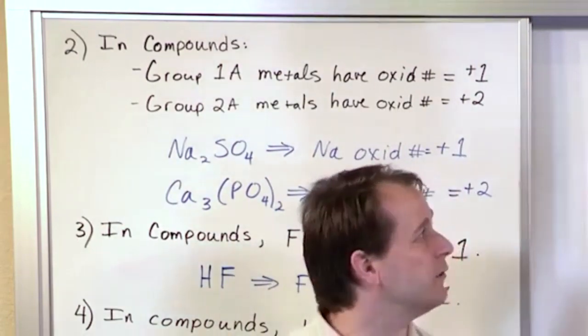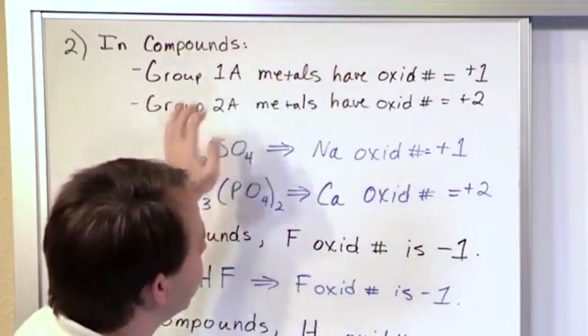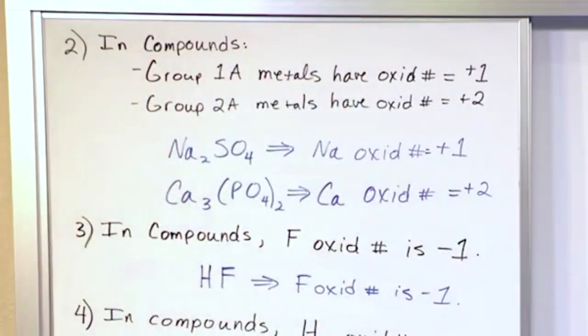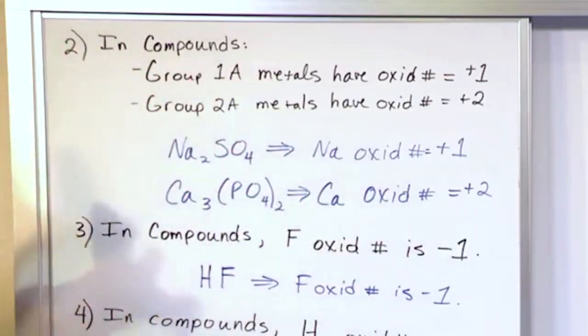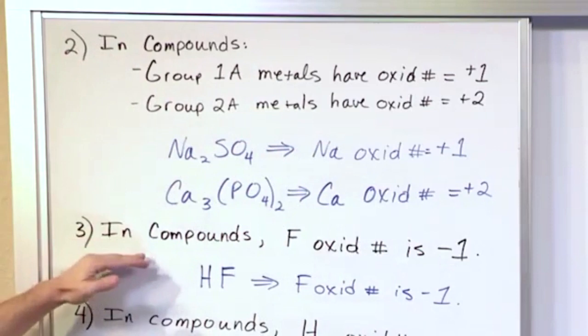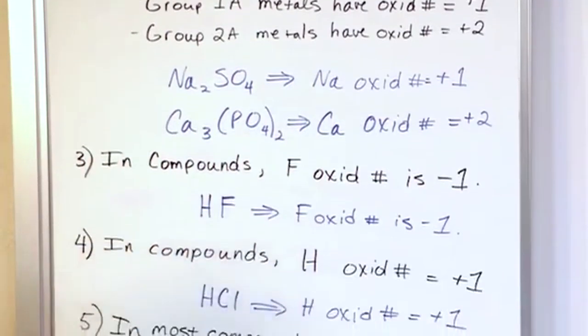But bottom line is, when you look at rule number 2, you're talking about everything other than hydrogen in columns 1 and 2. So this doesn't apply. We don't have any sodiums or calciums or potassiums or anything like that. So we go down to rule 3. Do we have any fluorines? We don't have any fluorines. So we're done with that.